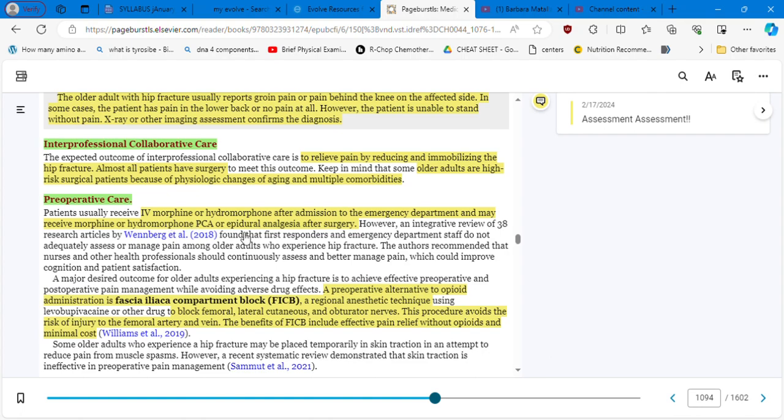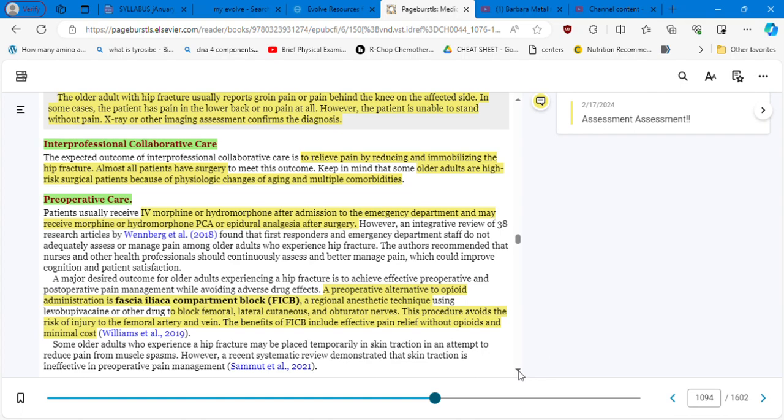IV opioids after admission, and they may receive morphine or hydromorphone. And also a preoperative alternative to opioids is the fascia iliaca compartment block, a regional anesthetic technique to block the femoral, lateral cutaneous, and obturator nerves.